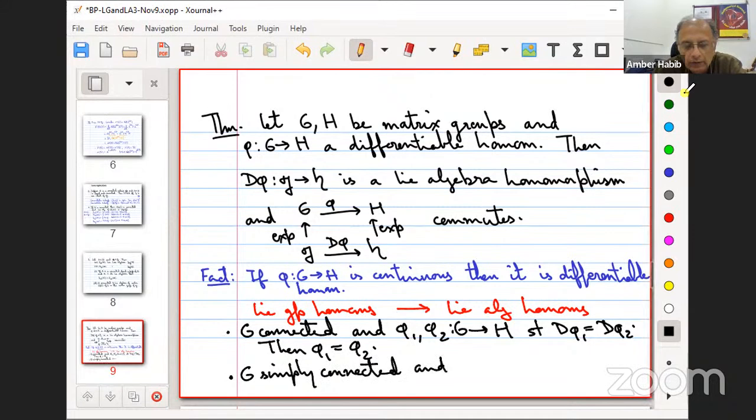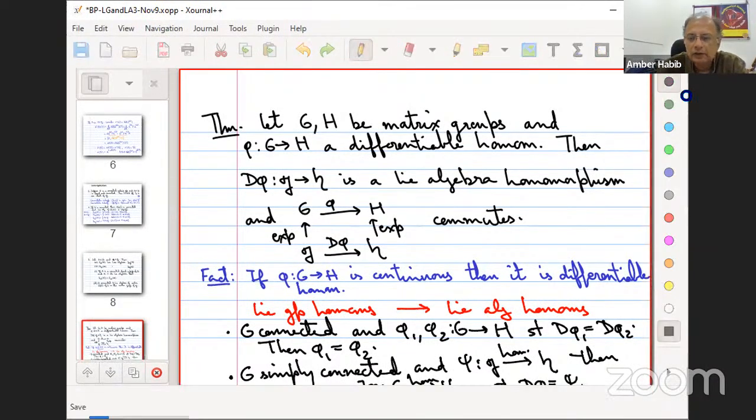Okay. And you have psi from G to H, a Lie algebra homomorphism, then you will have a Lie group homomorphism from G to H, which induces this side.